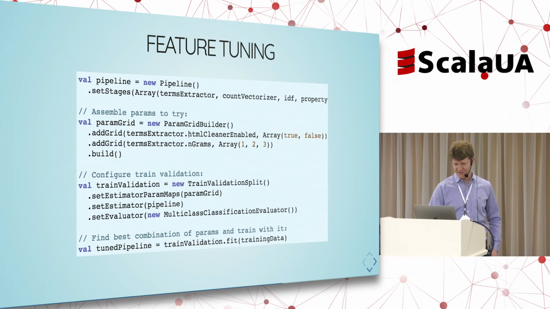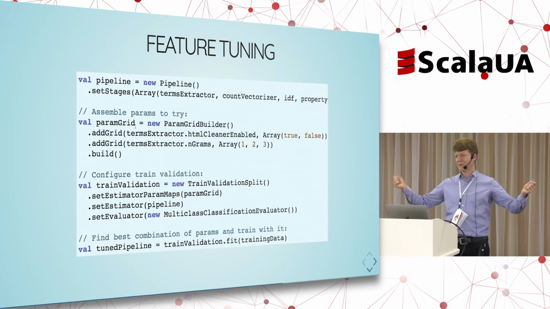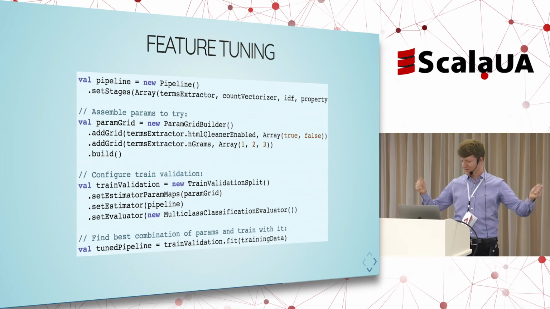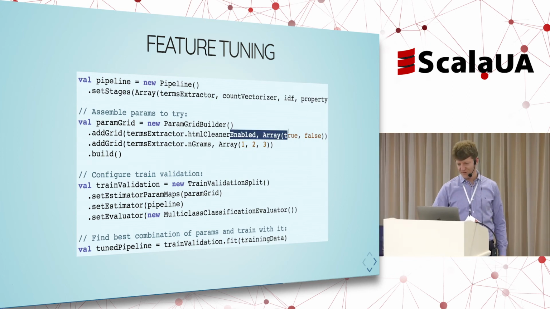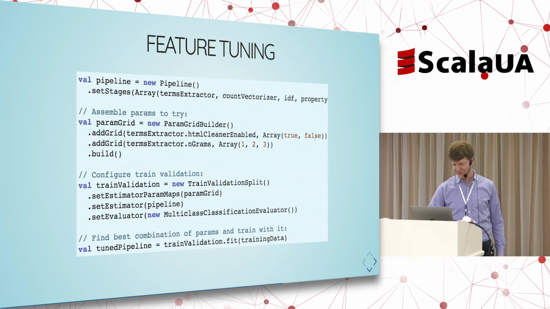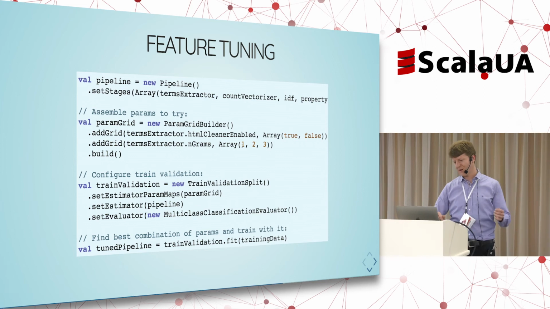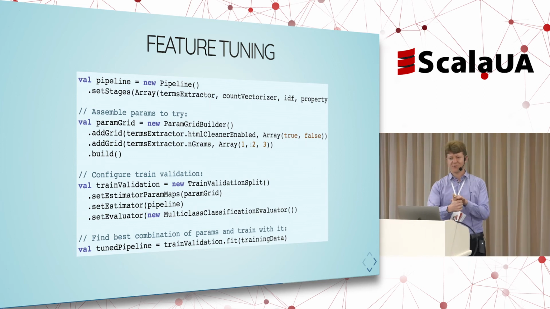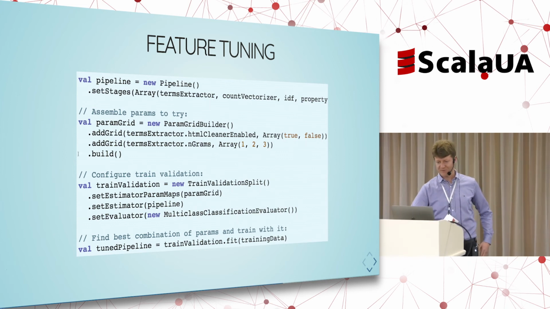And then we just build a grid of all the parameters we want to try. Here I want to see what happens if I enable and disable the HTML cleaning, and whether I should use unigrams, bigrams, or trigrams.